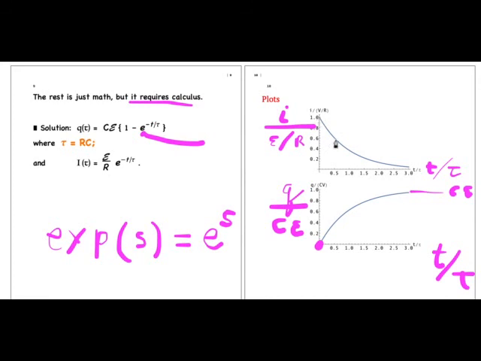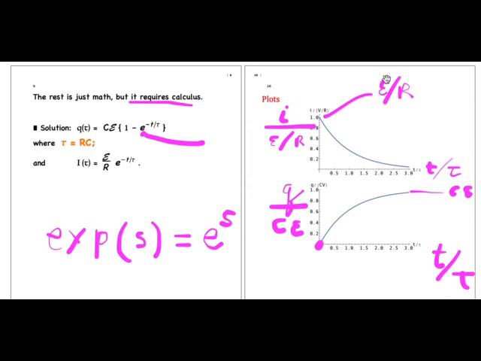And this shows what I had on the previous slide. The current starts out at V over R, or really I should say the EMF of the battery over R. So in the instant that the switch is closed, the current starts flowing around the circuit, everywhere except inside the capacitor, but in particular flowing through the battery, flowing through the resistor.